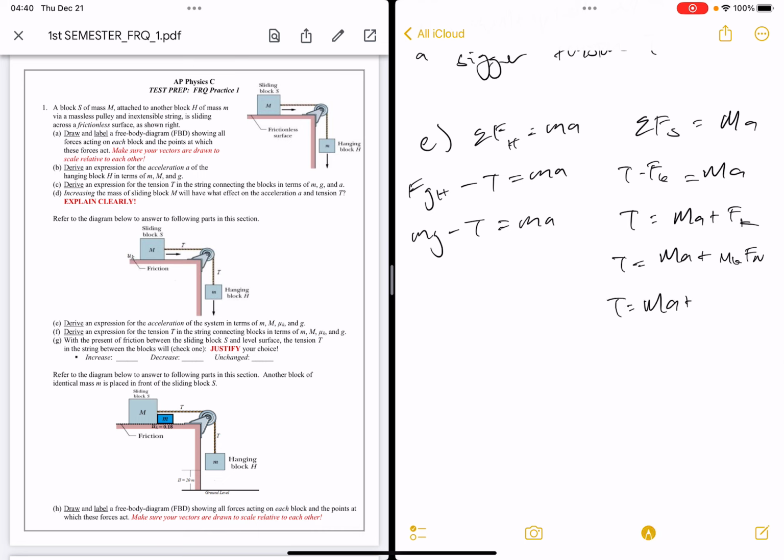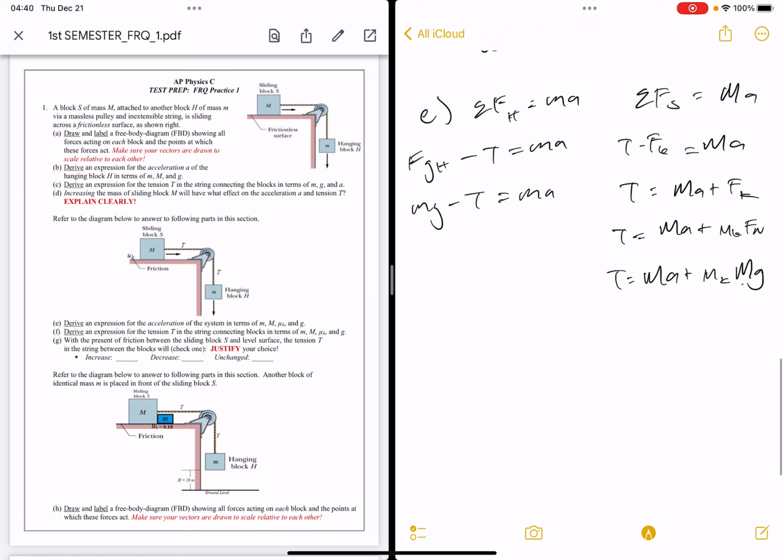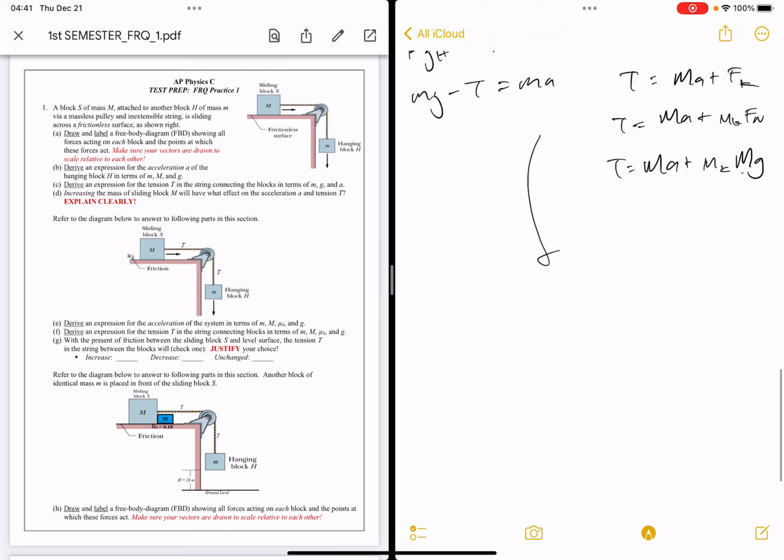Because the block is moving along the ground, with no force acting in the y direction aside from Fg and Fn, Fn will equal Fg. So you can make it a big Mg. I'm not solving for T, I'm just going to plug it in. So mg minus (Ma plus mu k Mg) equals ma.